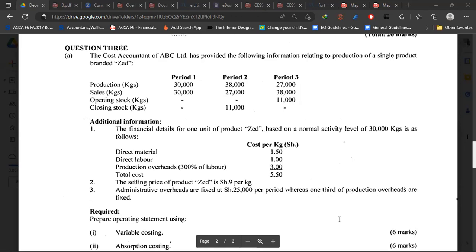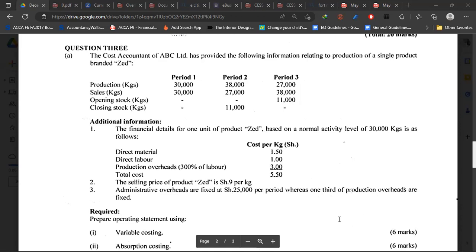There is production in kgs for every period, sales in kgs for every period, opening stock for period 3, closing stock in kgs for period 2. Additional information: the financial details for 1 unit of product Z based on a normal activity level of 30,000 kgs is as follows.